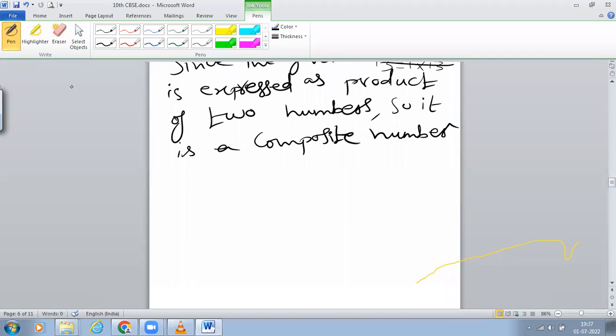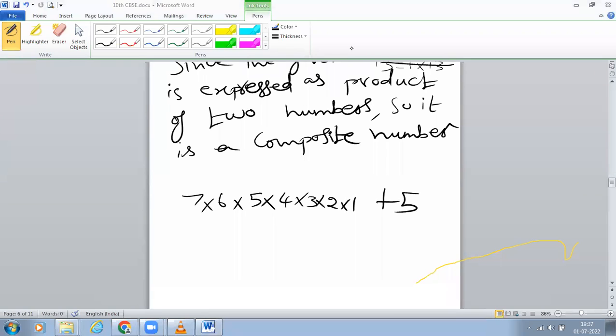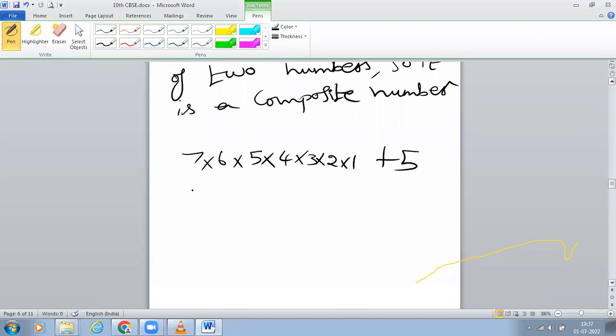Now, second subdivision. Another number is also given, that is 7 into 6 into 5 into 4 into 3 into 2 into 1 plus 5. Here also we have 5 in both terms.